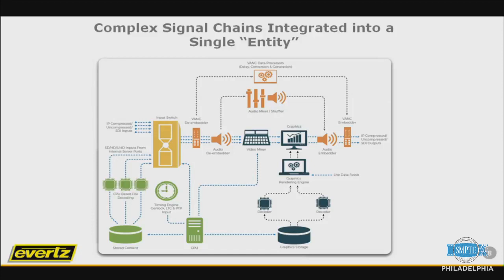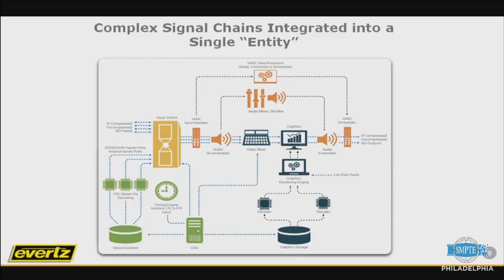We de-embed the VANC so that we can do the VANC processing and inserting. Audio de-embedding so that we can do audio mixing for voiceovers and reshuffling the audio to put languages in the right position, and SAP and all kinds of nice things. Video mixing so that you can transition properly between program events, graphics layers.